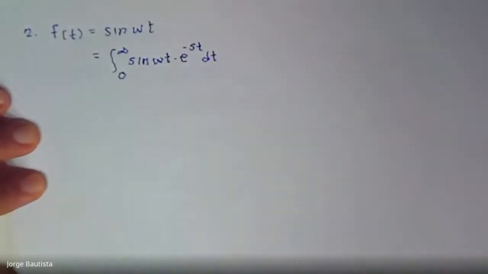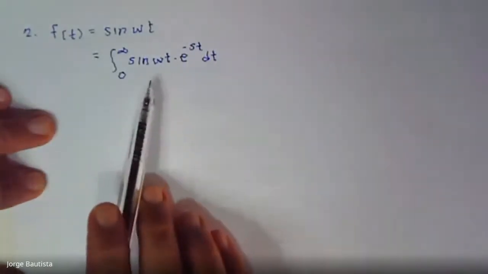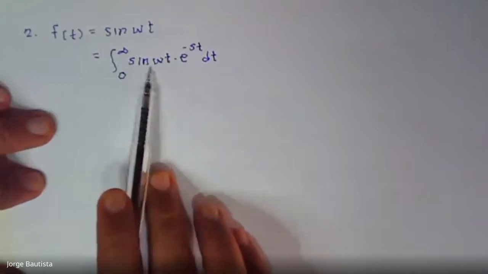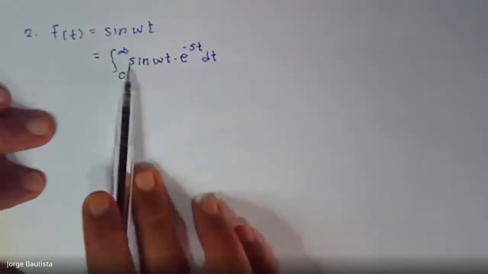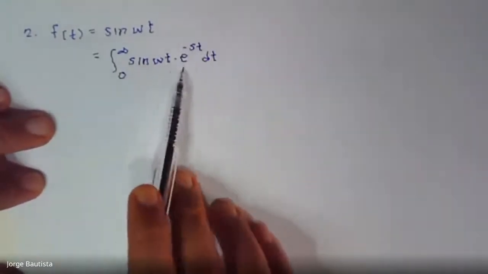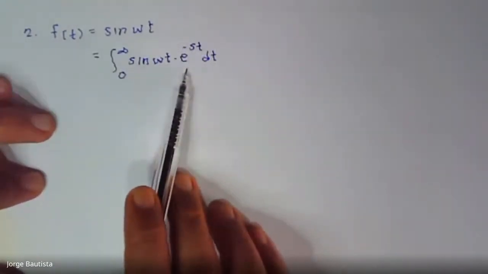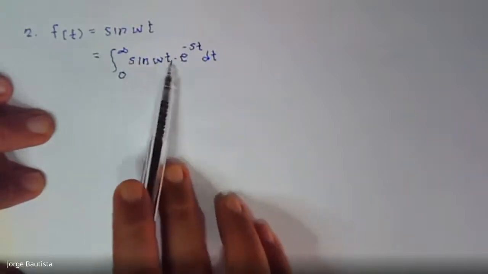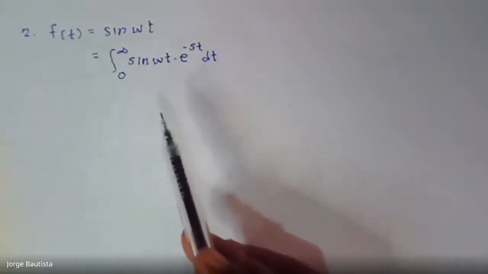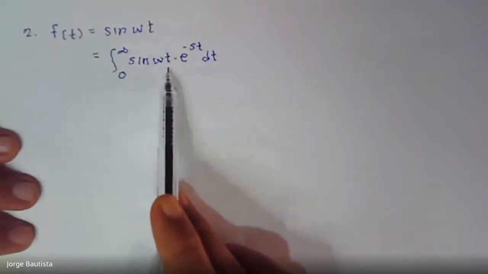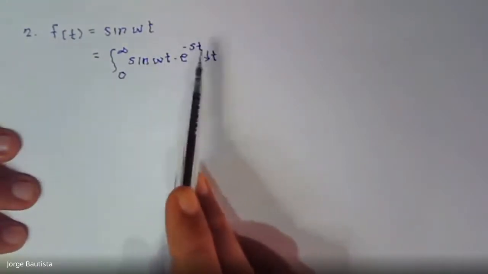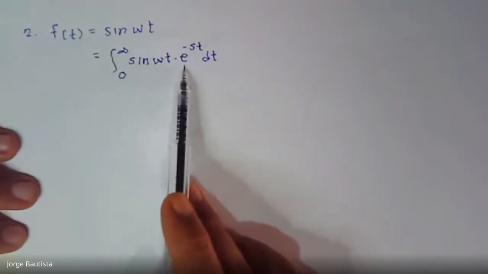Now we cannot integrate this directly, because one term is sinusoidal and the other is exponential. So we will try to convert sine omega t into its equivalent exponential form.